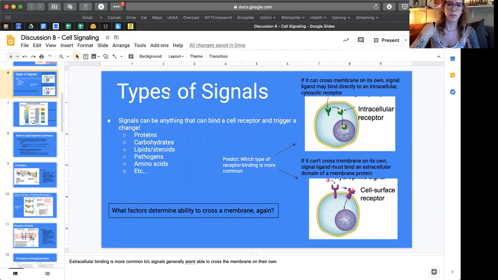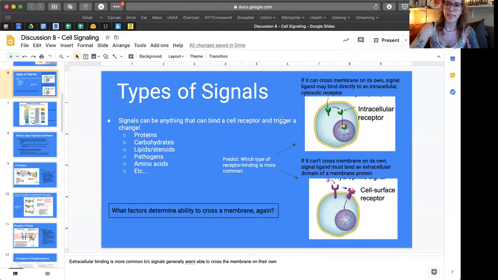But yeah, because signals can be a wide variety of things, we always just lump it under that nebulous term unless we are saying something about a specific pathway. There are two main ways that a signal can bind to the receptors. One is intracellularly.